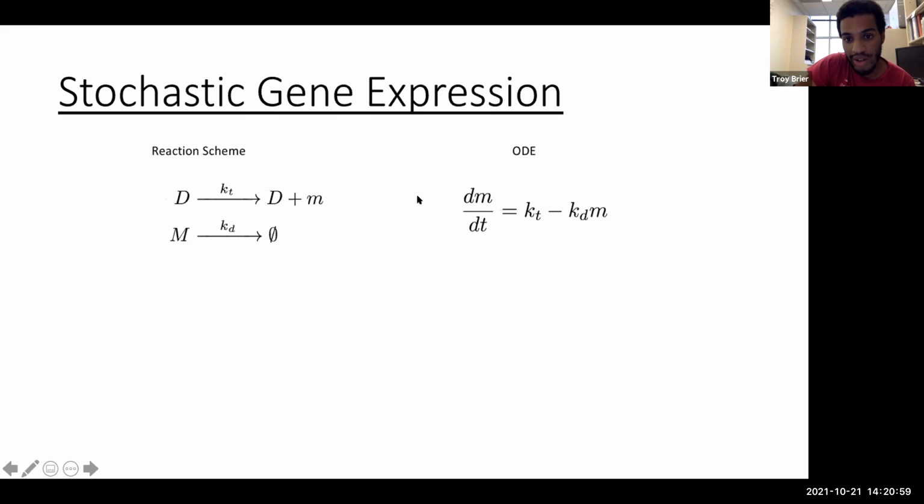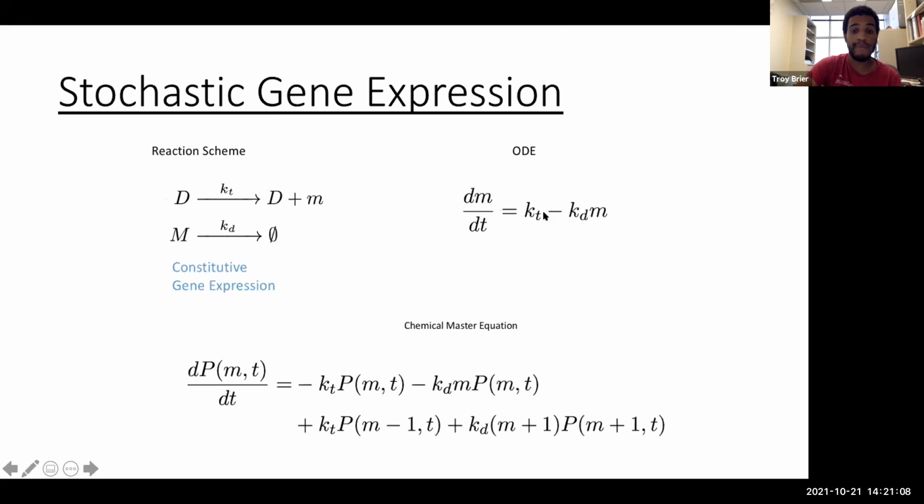If you were trying to solve it using an ODE, you would set up the right-hand side using this, and you would be able to evolve trajectories. In the chemical master equation, it's a little bit more complicated, but again, you have your different transitions, whether that be a messenger being made, being decayed, or no event happening. That allows you to describe all of the events in the system.